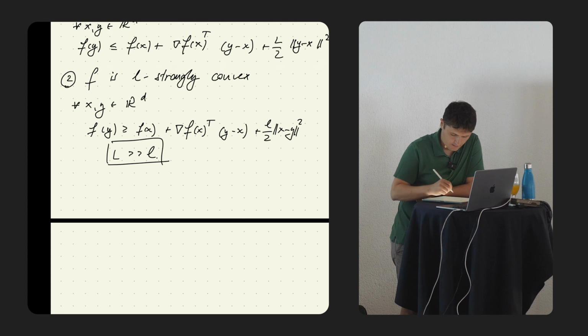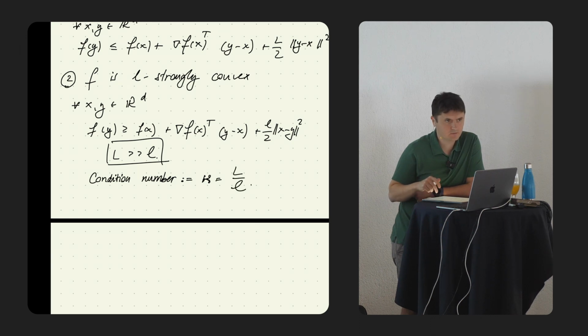We also have the condition number of a function, which is usually defined as rho or kappa, let's say, which is L over l. This is equivalent to the condition number you may have seen in linear systems.